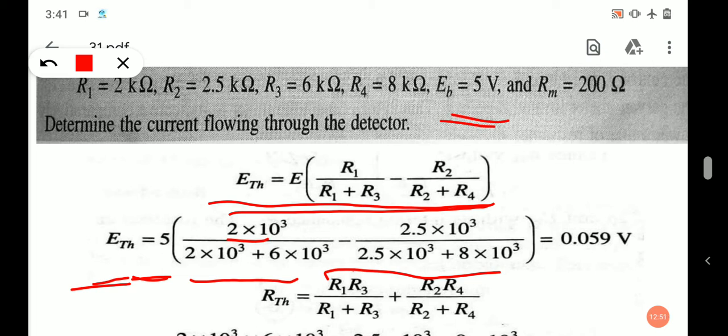R2 is 2.5 kilo ohm, 2.5 into 10 raised to 3, upon R2 plus R4, that is 2.5 into 10 raised to 3 plus 8 into 10 raised to 3. So after calculating, we will get 0.059 volt, because here we have seen the Thevenin equivalent potential, and that unit will be volt.